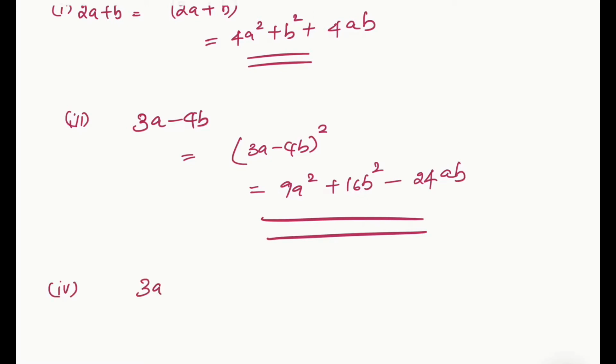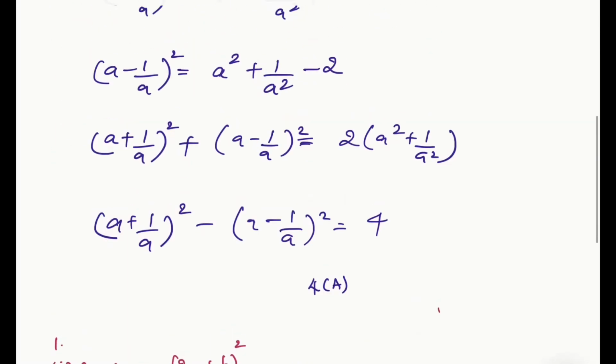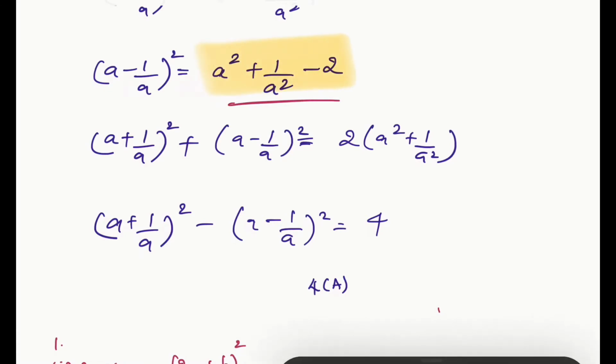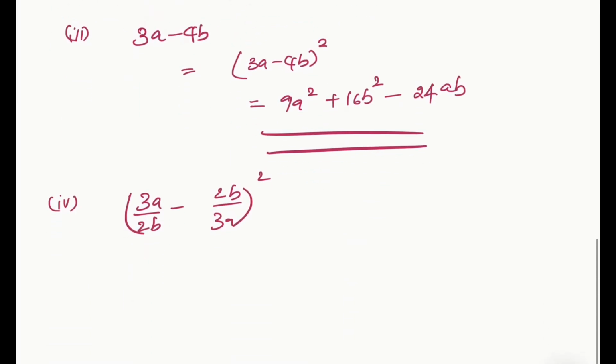We have (3a by 2b minus 2b by 3a) the whole square. So we had already gone through this, right? If a minus 1 by a whole square comes, what is your formula? It is a square plus 1 by a square minus 2. So let us apply the same thing here.